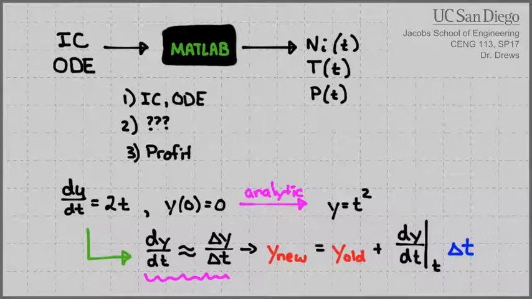ODE 45 is sort of the most flexible way to do that. It works for the majority of the equations that we run into, which is why we use ODE 45. If you want to see the way that ODE 45 is approximating this dy dt term here, actually this entire term over here, you can dig it out of the documentation for ODE 45.